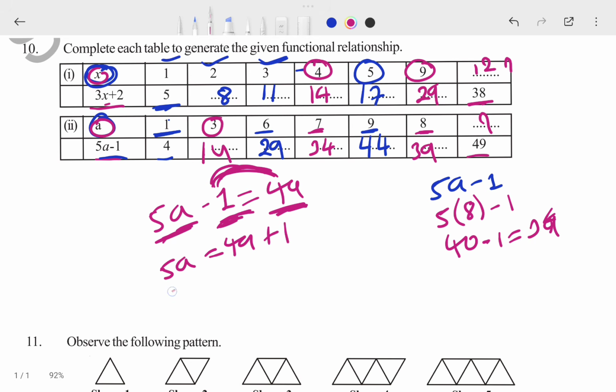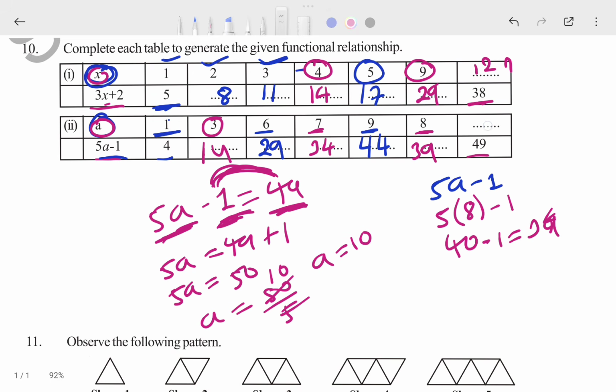So 5a equals 50 if you add. After that, a is here and this 5 goes to that side, so 50 divided by 5. In the 5 table, 50 is 10 times, so the value of a we get is 10. So the answer here will be 10 only.